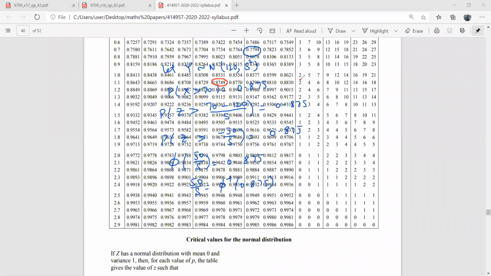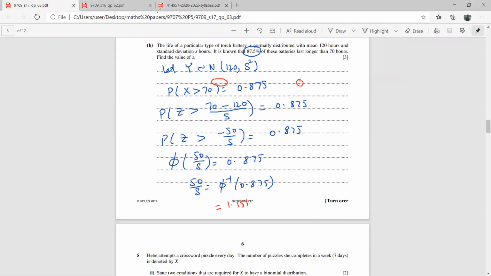Maybe we can add this 2 into it. This would give us 0.8751. So it is 1.151. Okay, I'm going to go back to the paper.